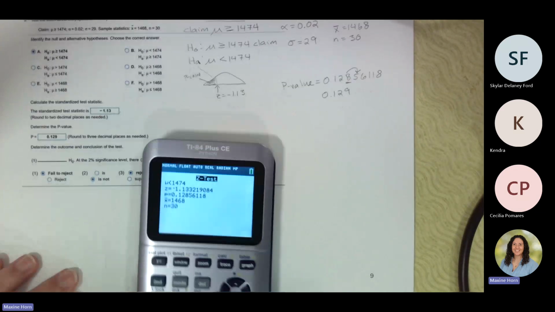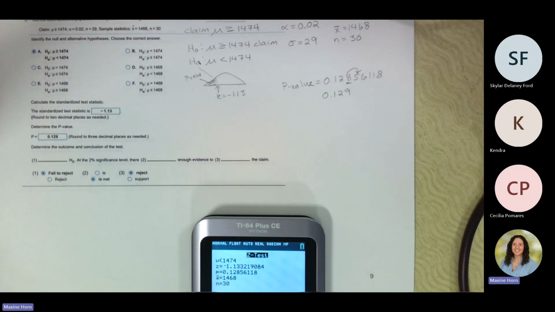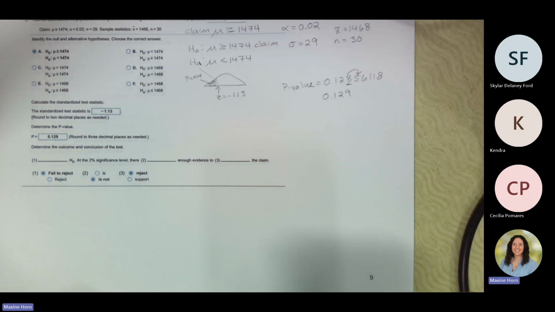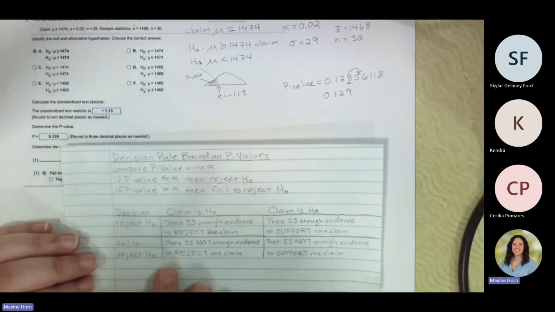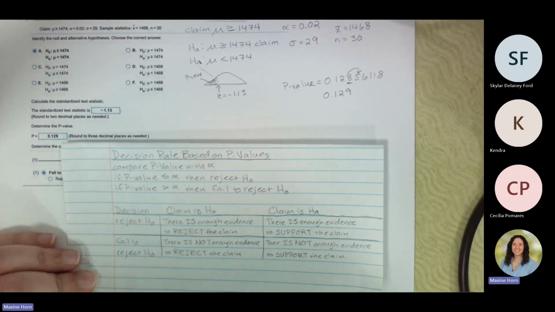Great. But now we have to interpret it. We have to decide, are we rejecting the null or failing to reject the null? And then we have to put that into words. So again, we come back to our decision rule based on p-values.